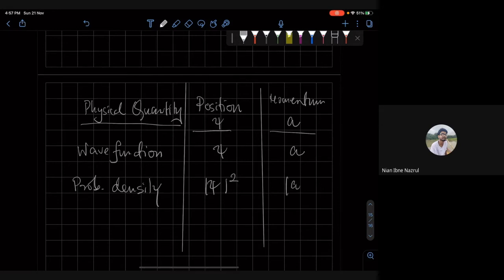In momentum space, it's modulus A squared.